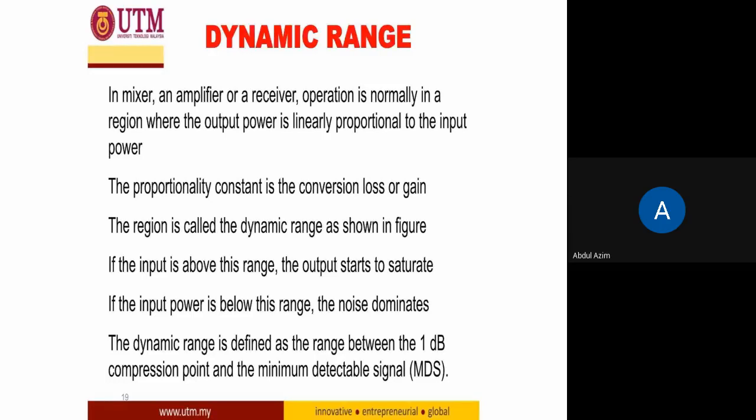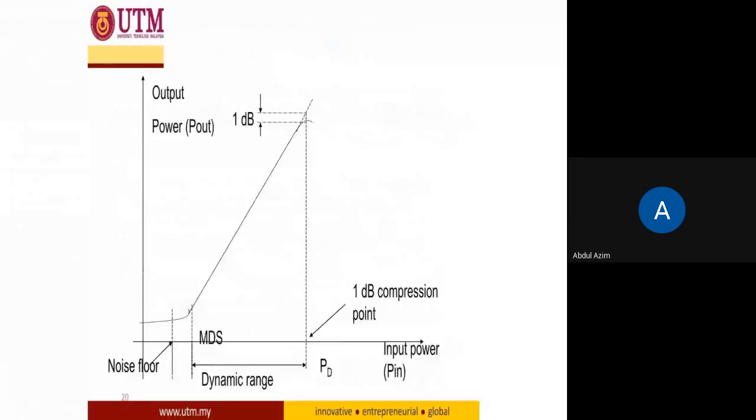The definition of dynamic range is basically referring to a graph. It is defined as the range between the 1 dB compression point and the minimum detectable signal. This graph is an important graph.